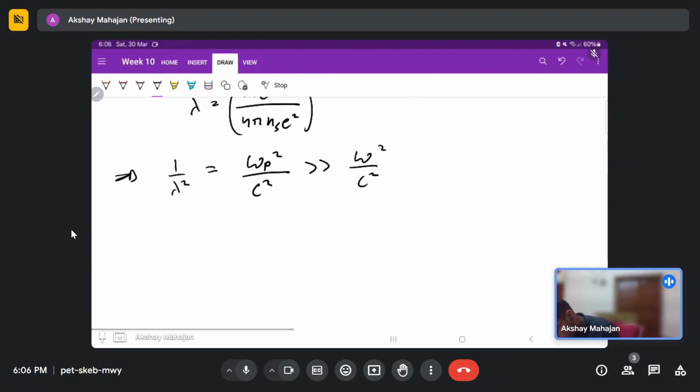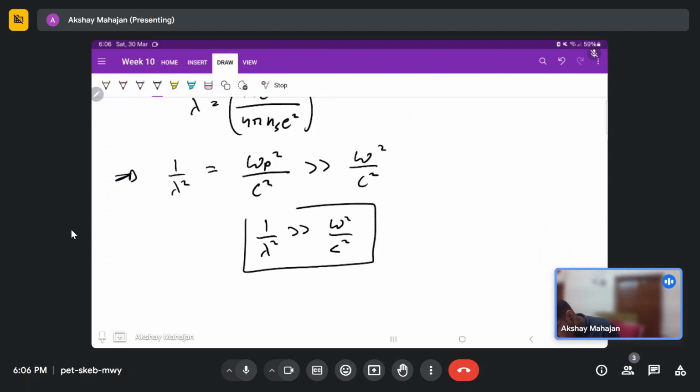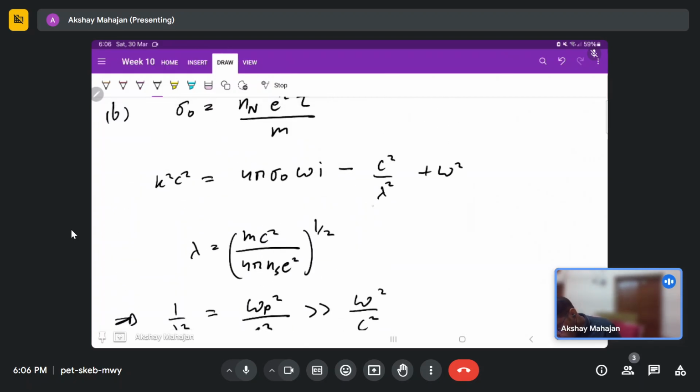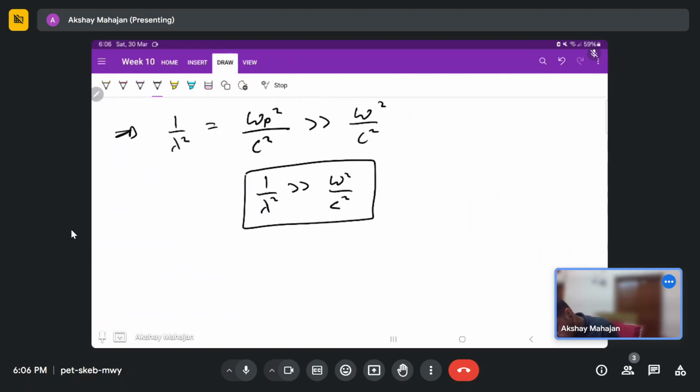So first thing is that 1/λ² is much greater than ω²/c². If I divide by c² here, this term is going to be much greater than this term, since ωp is much greater than ω.